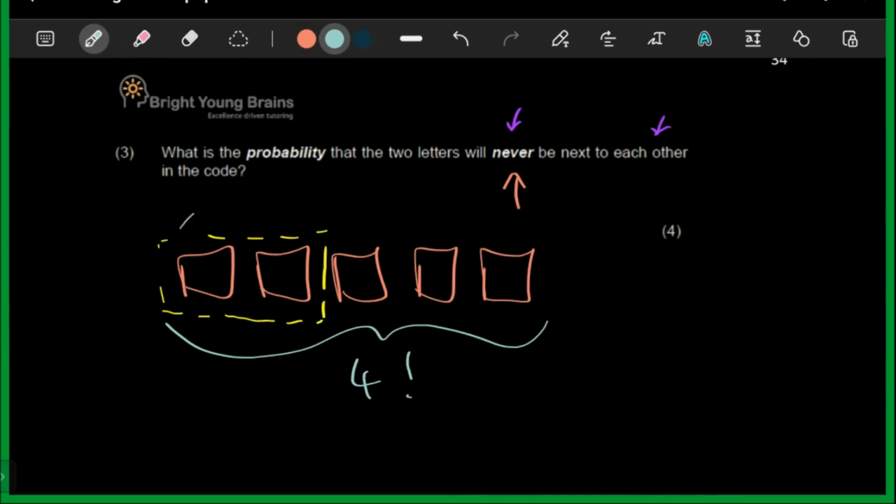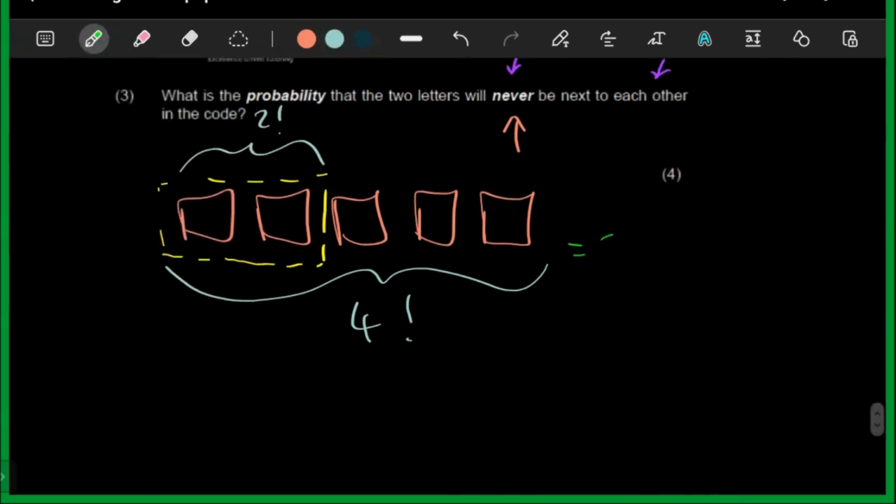These 2 that are pasted together can only be arranged in 2 factorial ways. So the total number of arrangements here is 2 factorial times 4 factorial, which is just going to give us 48. So these are the arrangements where the A and the B are next to each other.